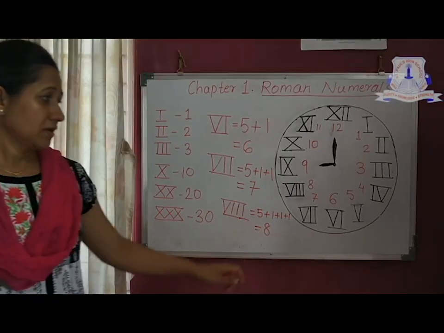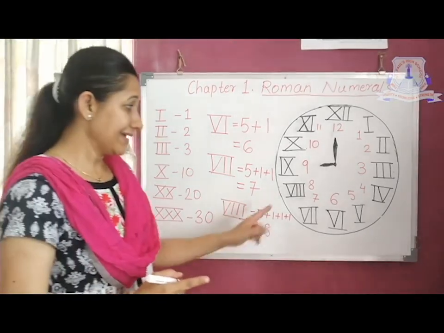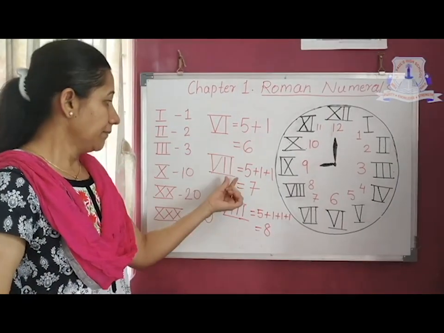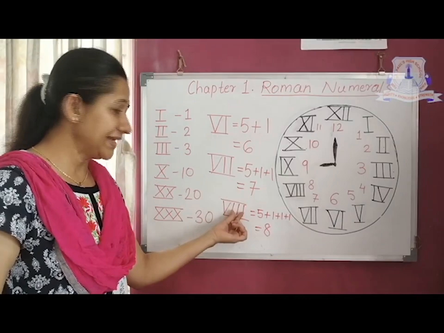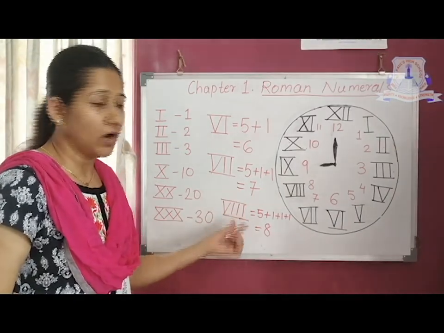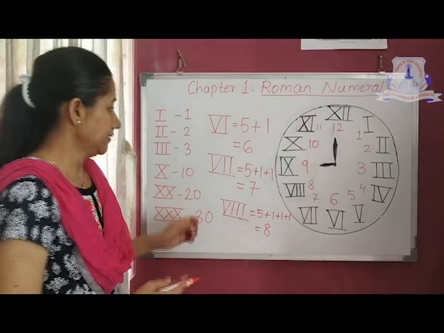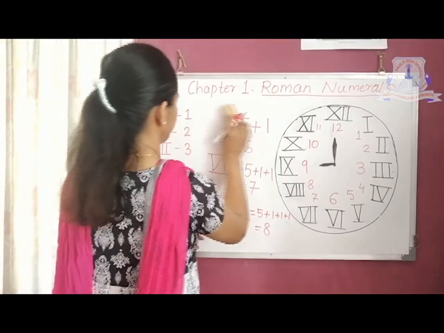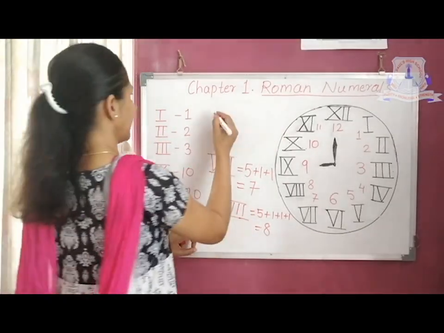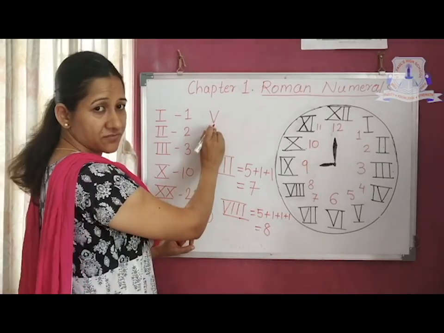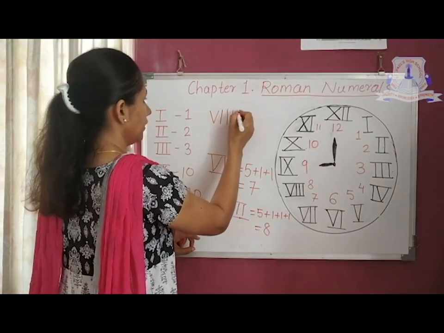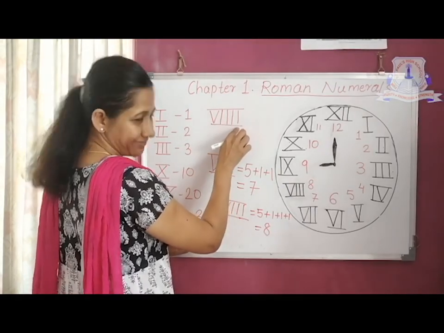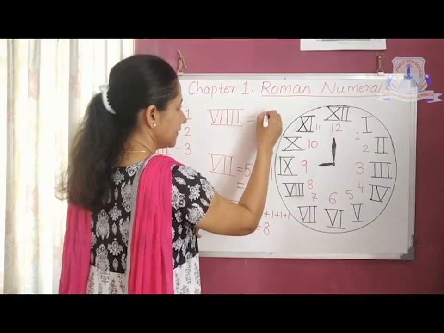Is that clear? So this is how number 8 is represented by this symbol. Again here we have to keep one thing in mind, that these numbers can be added up till 3 only. We cannot write 9 in this manner. We cannot say this is 5, so 1, 2, 3, 4, so 5 plus 1 plus 1 plus 1 plus 1 will be equal to 9.